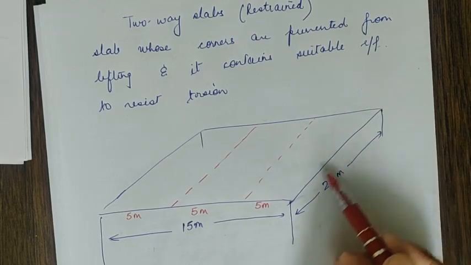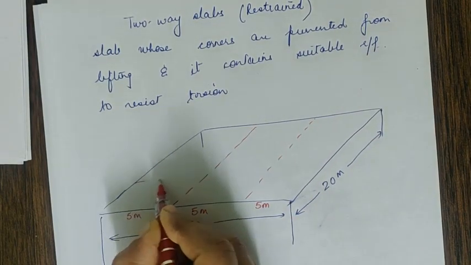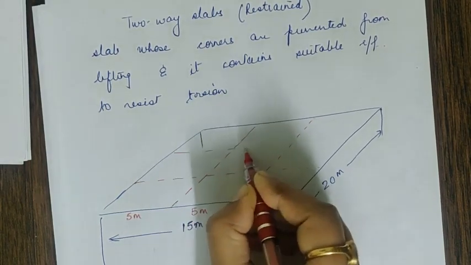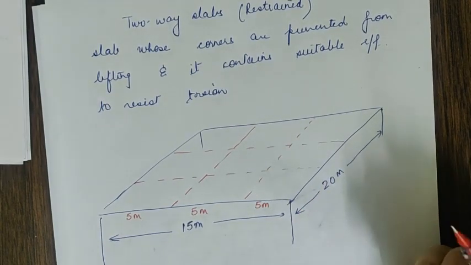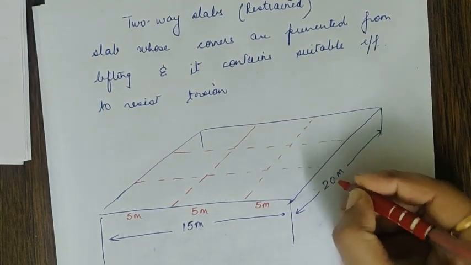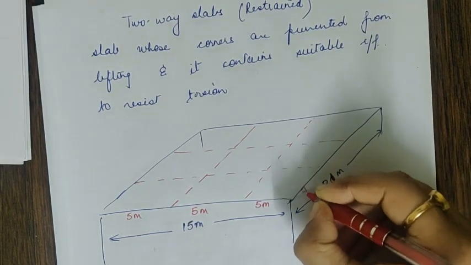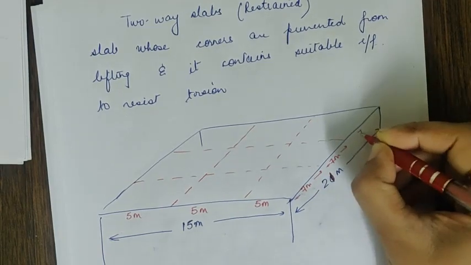Further, because this dimension is also very large, let us say I divide this dimension also into 3 portions. So each portion now becomes, let us say, this is 21 meters, so this becomes 7 meters, 7 meters, 7 meters.